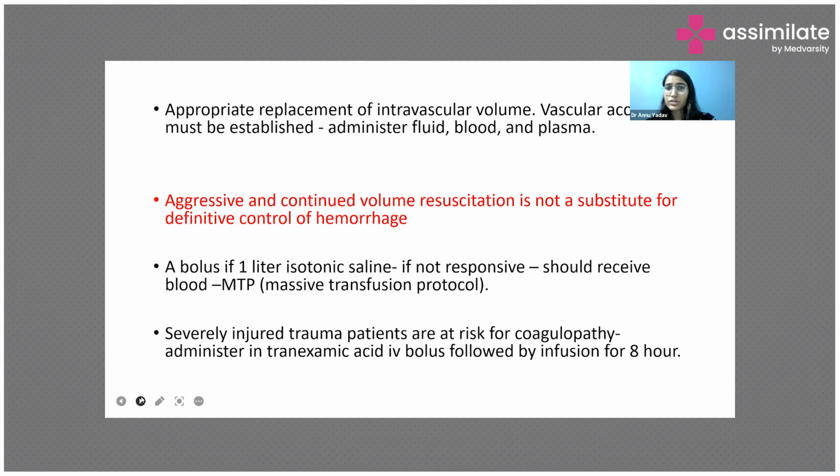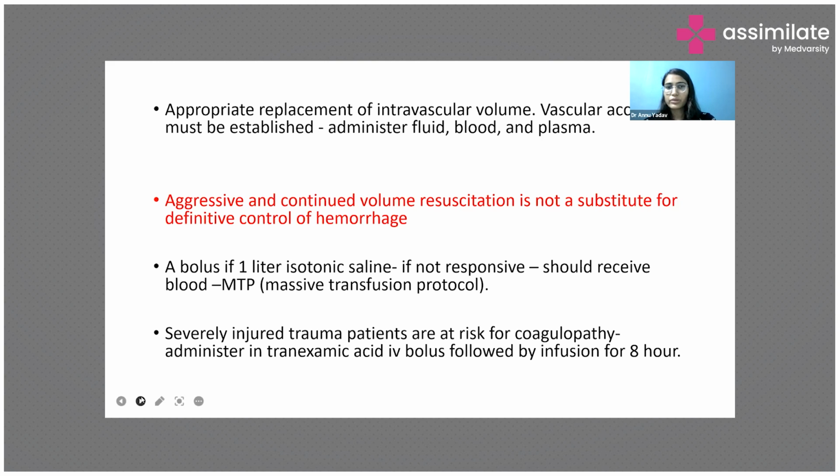We can administer fluid, blood, and plasma products. Initially, in the old ATLS guidelines, we could give fluid up to 1.5 to 2 liters. But now, as per the 10th ATLS guideline, it is restricted to 1 liter, because aggressive and continued volume resuscitation is not a substitute for definitive control of hemorrhage.